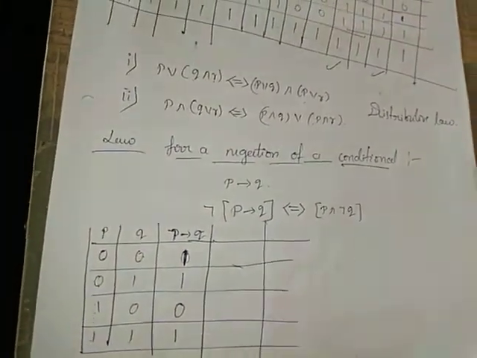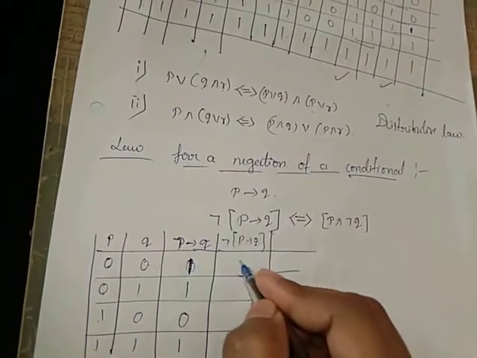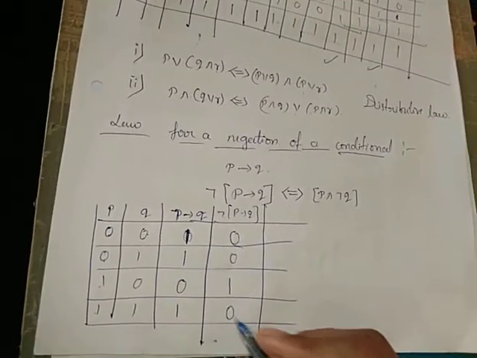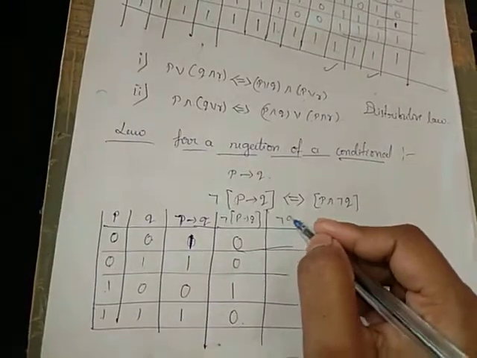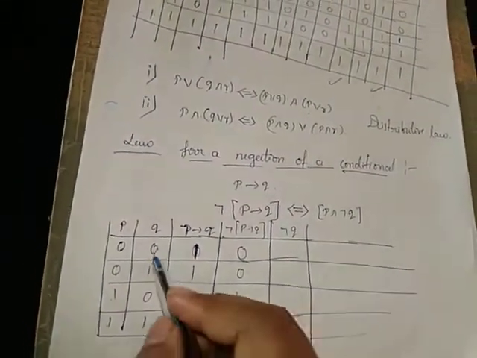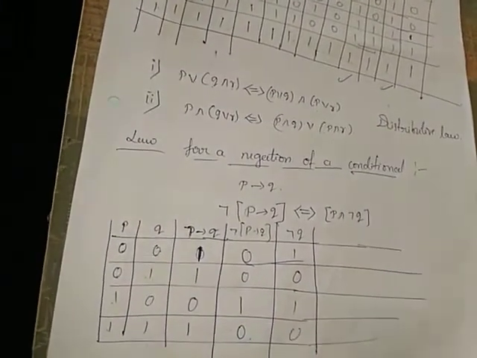Now the negation of P implies Q: negation of 1, negation of 1, negation of 0, negation of 1. Now, negation of Q: negation of 0, negation of 1, negation of 0, negation of 1.